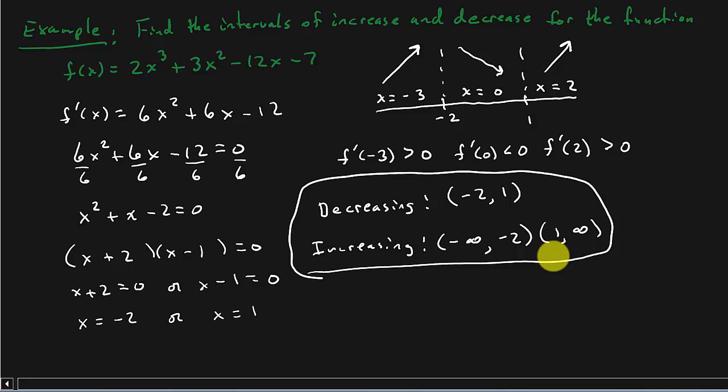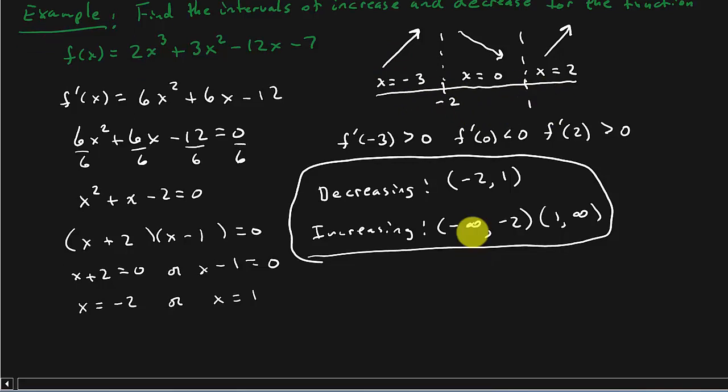Now, be careful when writing these increasing and decreasing intervals. A lot of times students will write -∞ to -2, and from -∞ to -2 it's increasing, but sometimes they'll put the -3 instead of the -2. You have to put the numbers you marked on the number line.